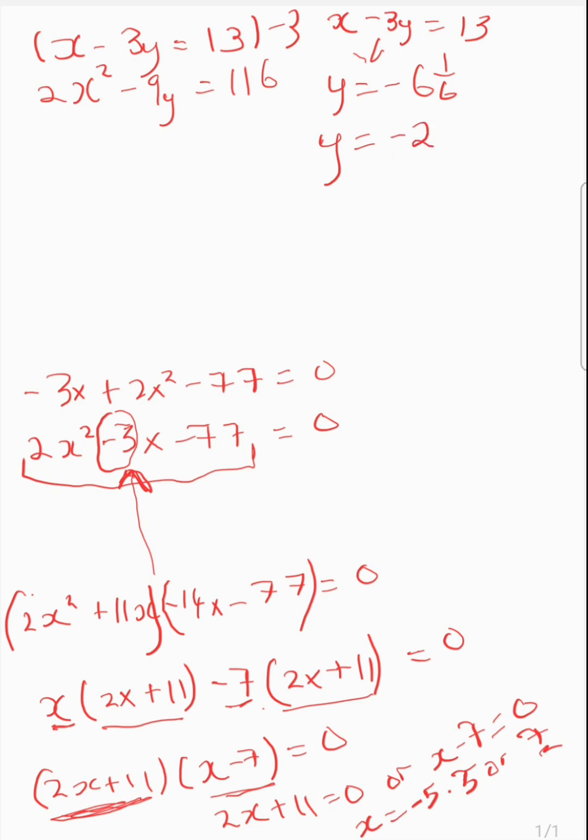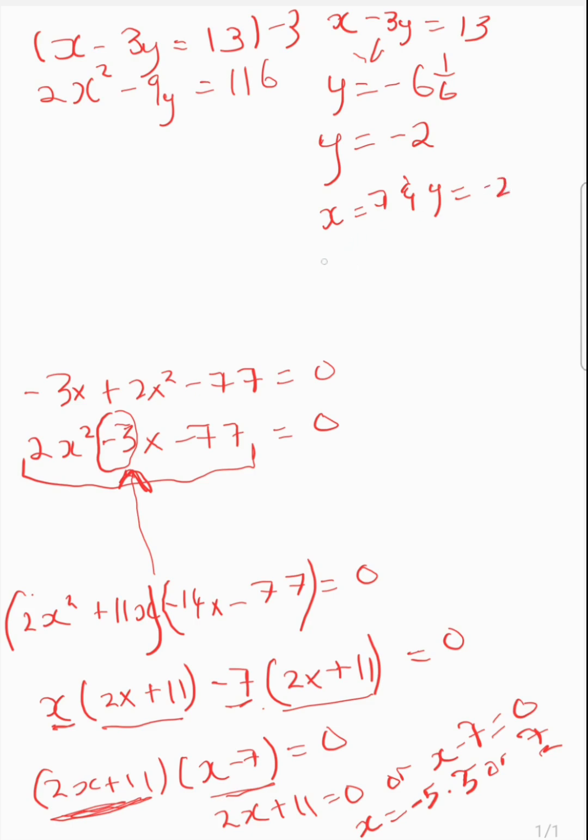minus 2. Okay, so this means our solutions are like this. Our solutions are x equals 7 and y equals minus 2.